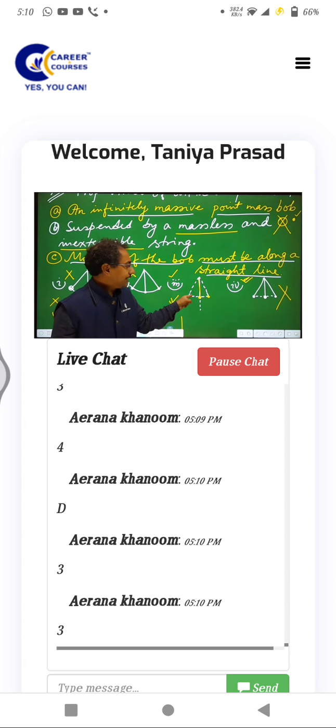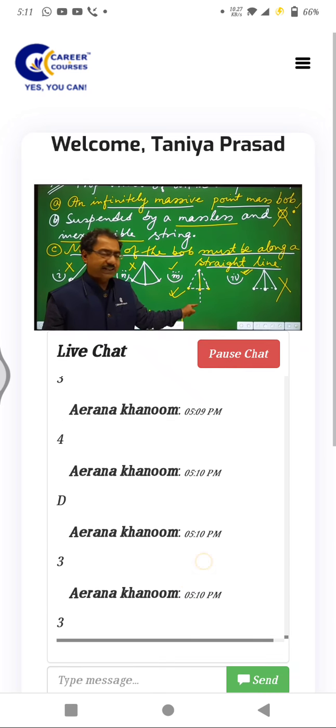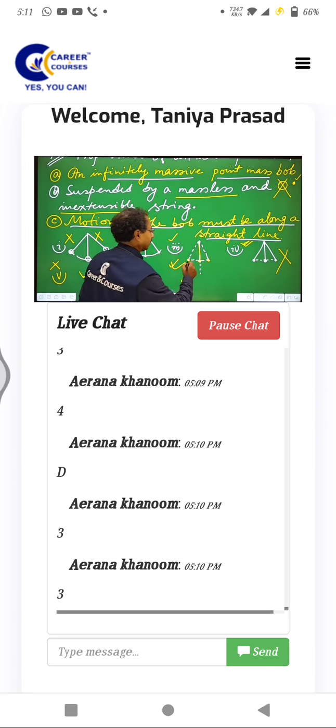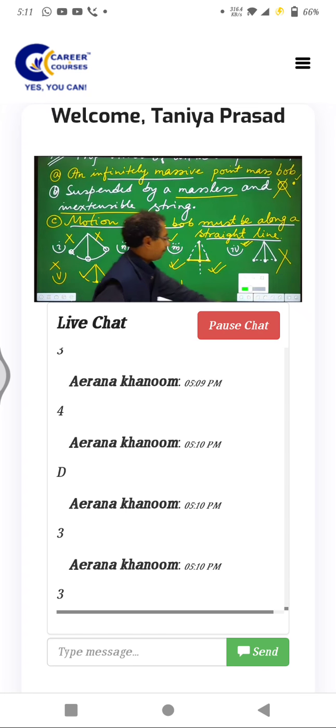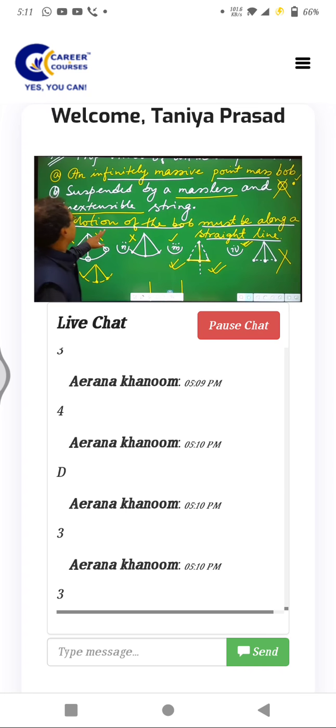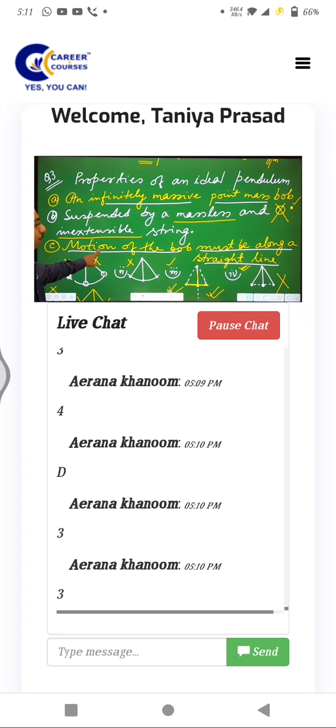The body is suspended by a very light string. The string could be torn, but it doesn't tear because the string is inextensible, and the motion of the bob is along a straight line. So all the points of an ideal pendulum are stated in option 3.